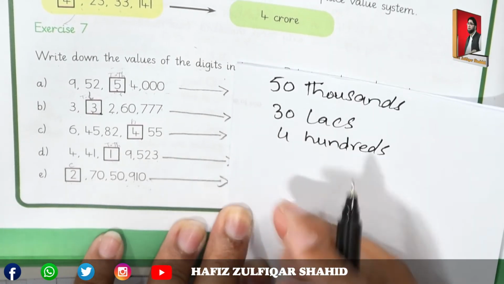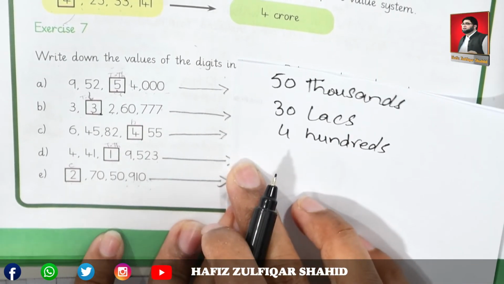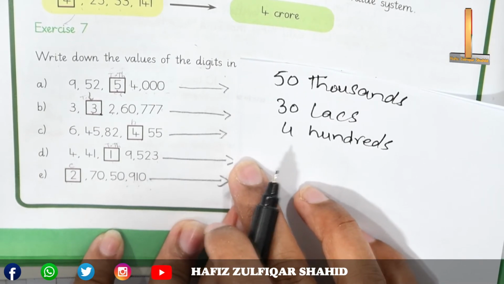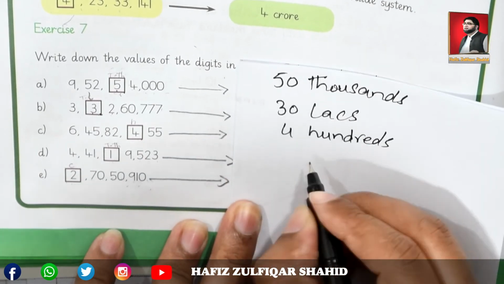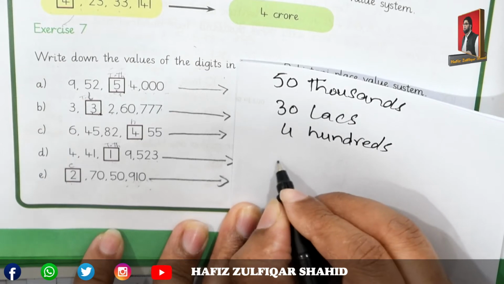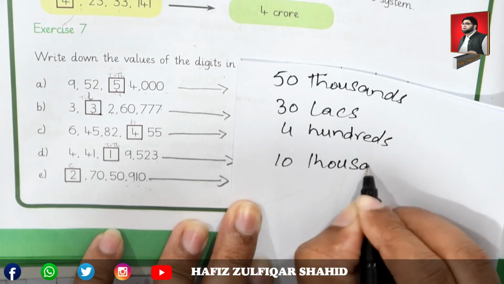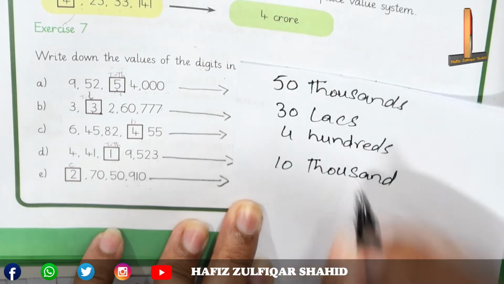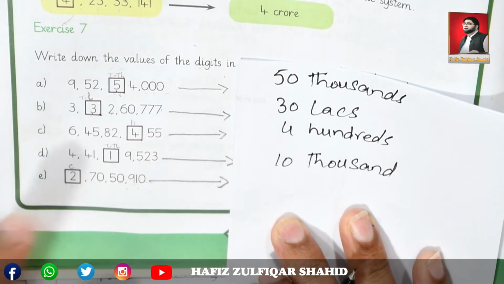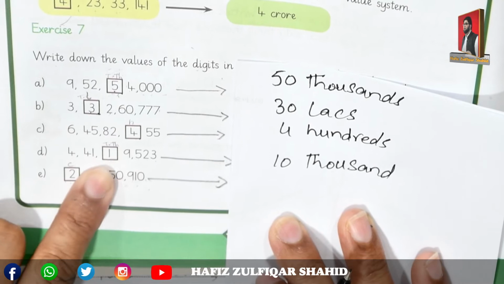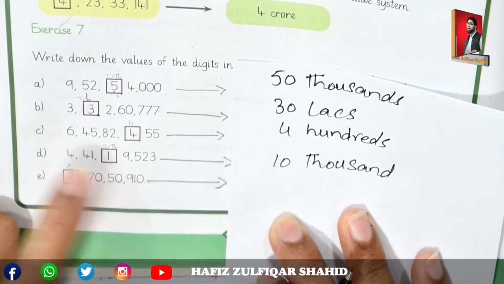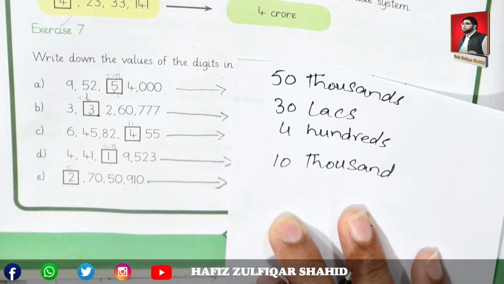Next, in the D part, 1, which means we have 10,000. One has place value as 10,000, so we have 10,000.